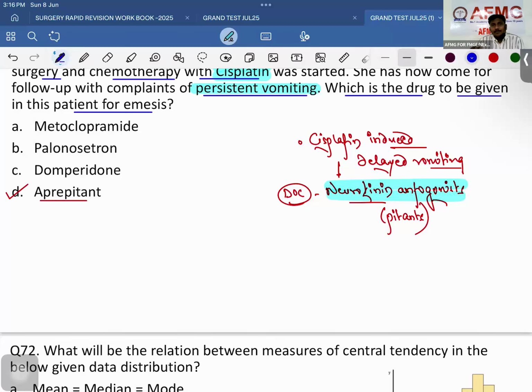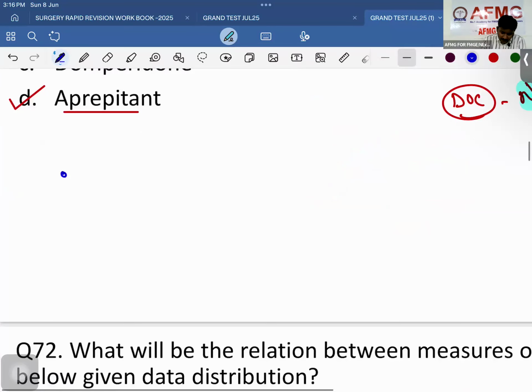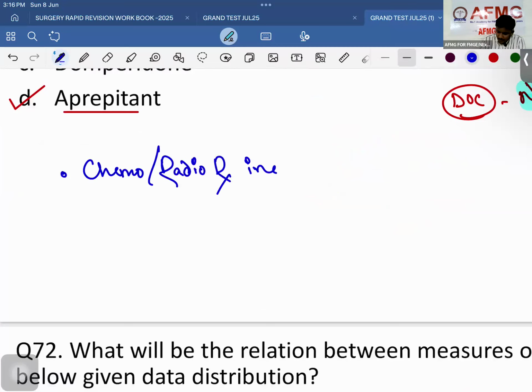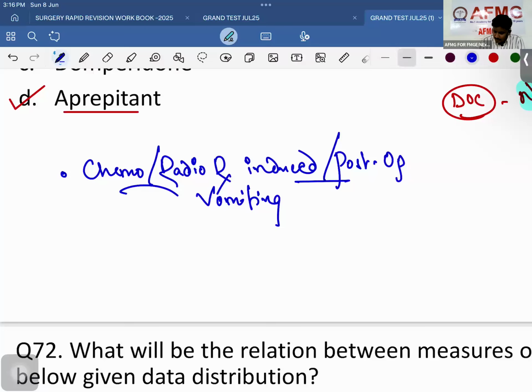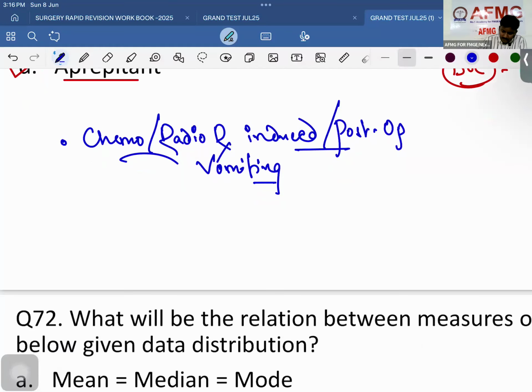Now apart from cisplatin, beta, any other anti-cancer drug that causes vomiting is known to cause early vomiting, beta. So in any other case of chemotherapy or radiotherapy-induced vomiting, or any post-op vomiting, in those conditions, what is the drug of choice? Yes, in chemotherapy-induced, radiotherapy-induced and any postoperative vomiting, the drug of choice is obviously the 5-HT3 agonist or antagonist?